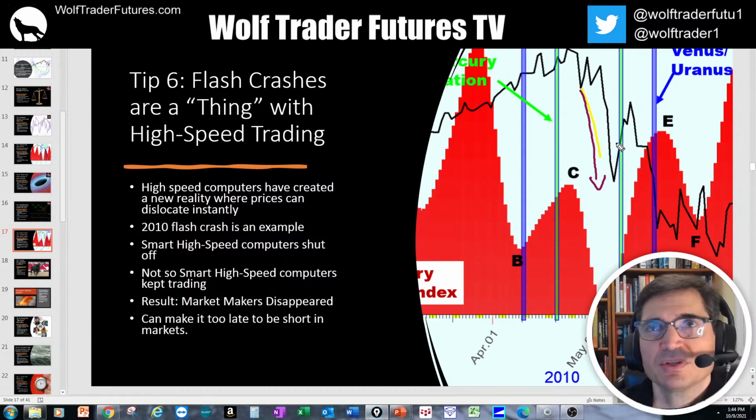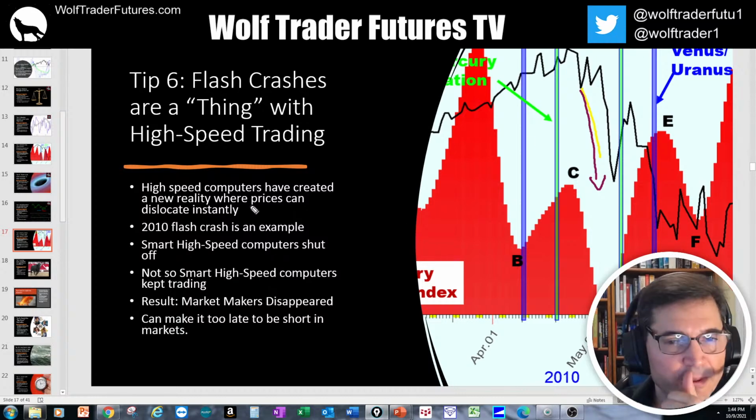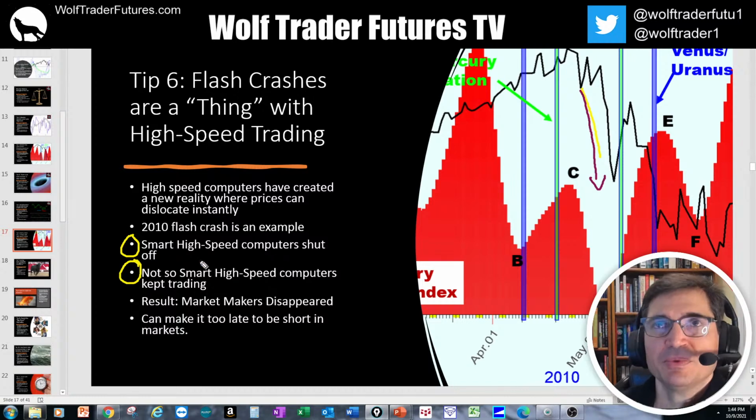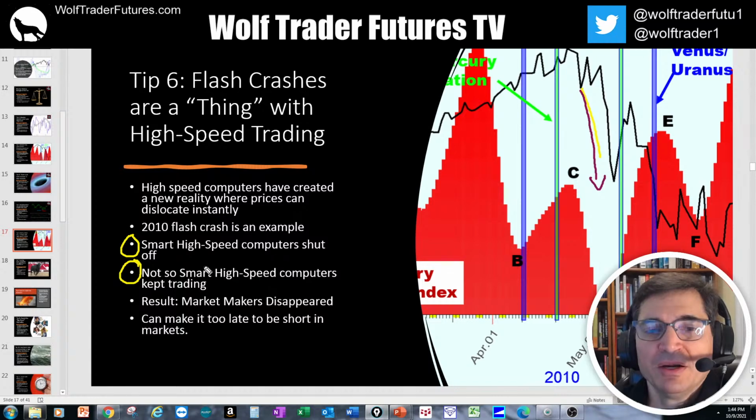Isn't the artificial intelligence smarter now? Yeah, it is. But the problem is that the smart computers during the flash crash just shut off their computers. They didn't want to participate. So whether they're smarter or not, if they turn off their computers and the not so smart high-speed computers kept trading, it doesn't matter if they're better.